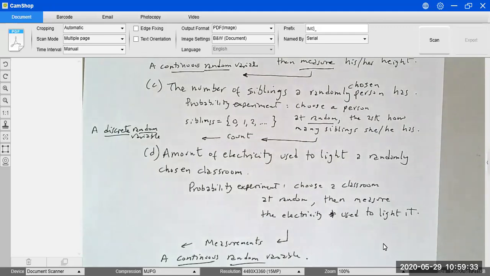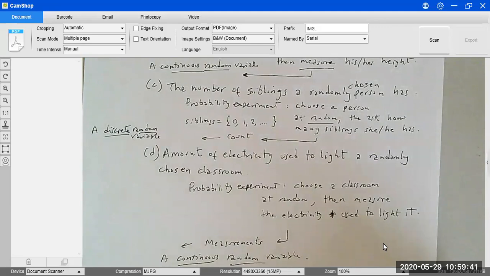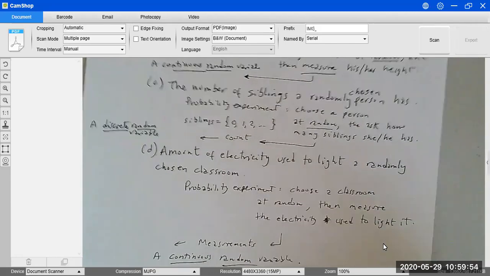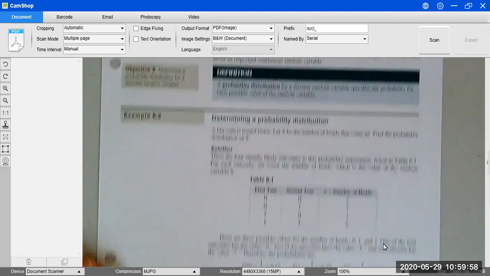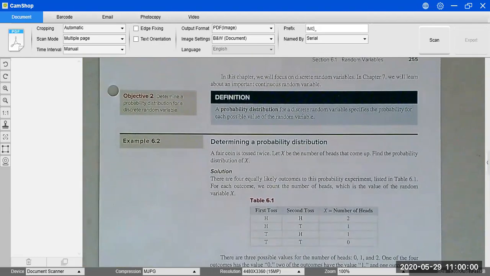What you care about is the probability that you're gonna get one of those values later. So the way that we, in some sense, summarize the information about the outcomes and the probabilities of them showing up is by using a probability distribution.